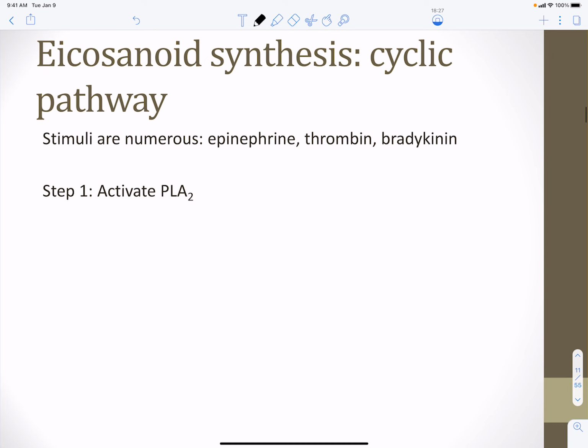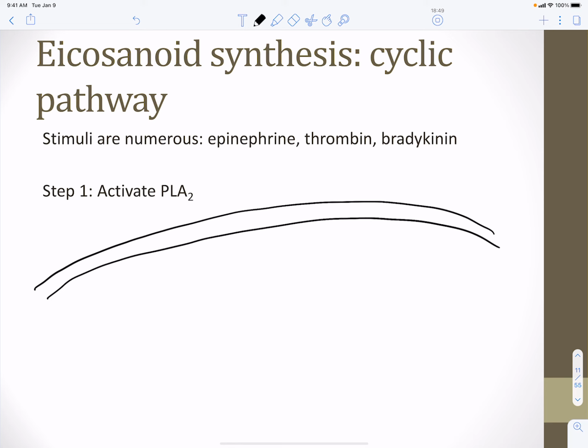All right, so in the cyclic pathway, you have some stimulus that is going to trigger a G protein. We have epinephrine, we have thrombin, and bradykinin listed here. And the first step is going to be to activate your phospholipase A2. So you can imagine that you have a cell membrane, and on the cell membrane, you're going to have your G protein receptor.